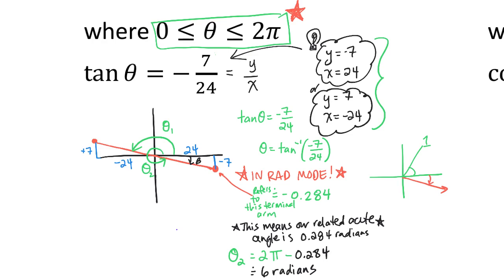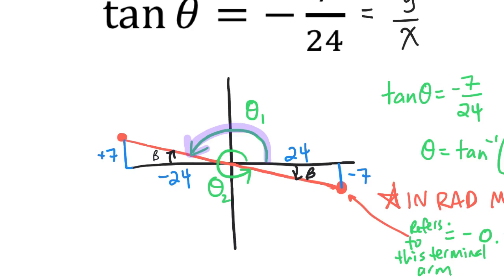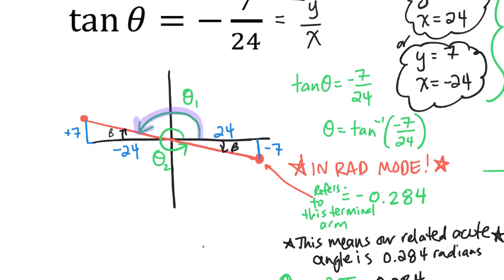Now we're wondering, what's this other answer? What is this other value that would take us from the initial arm to our other terminal arm? What is that theta? Well, we know that we have the same related acute angle. That beta here is the same as this beta in this space, okay? So this is also 0.284 radians. So now we have to consider how much is this angle that goes just that highlighted part in purple, from the initial arm to that terminal arm.